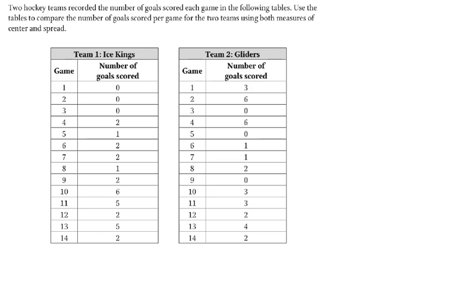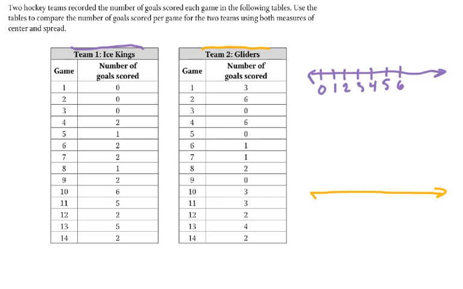So, let's start out and make a dot plot for this one. Okay? So, let's have purple be the Ice Kings, and we'll go yellow for the Gliders. So 0 to 6 on both of these. Oops. I don't know why I went 0, 2.